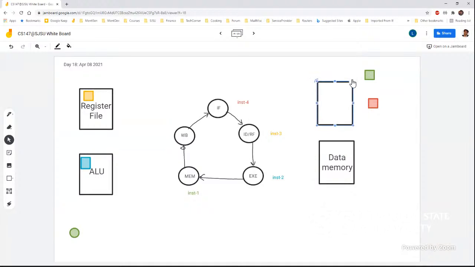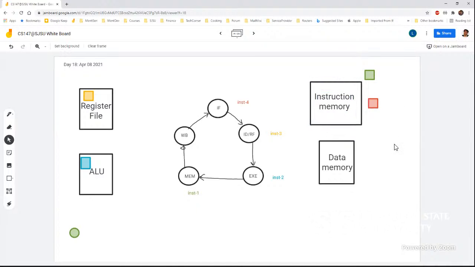Duplicate. We call it an instruction memory. So there are two different memories we're talking of now.